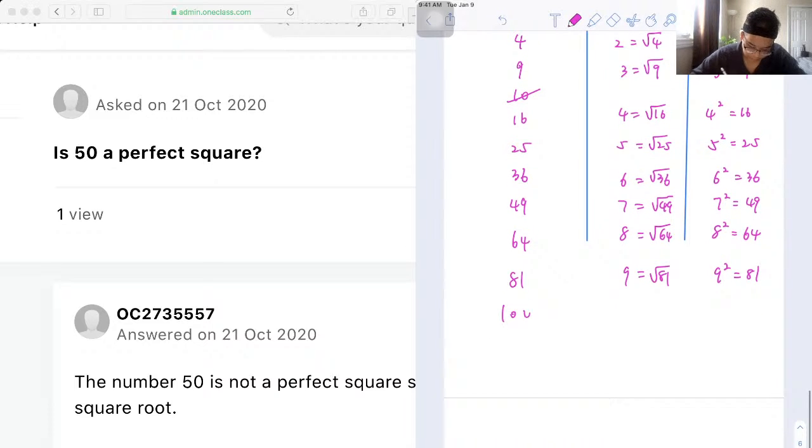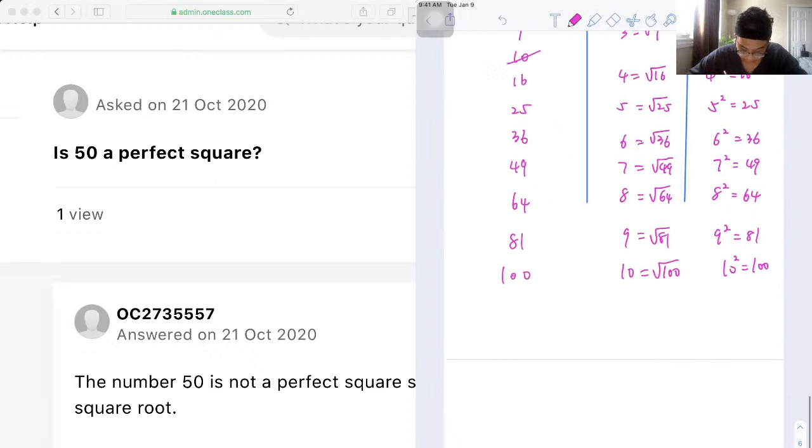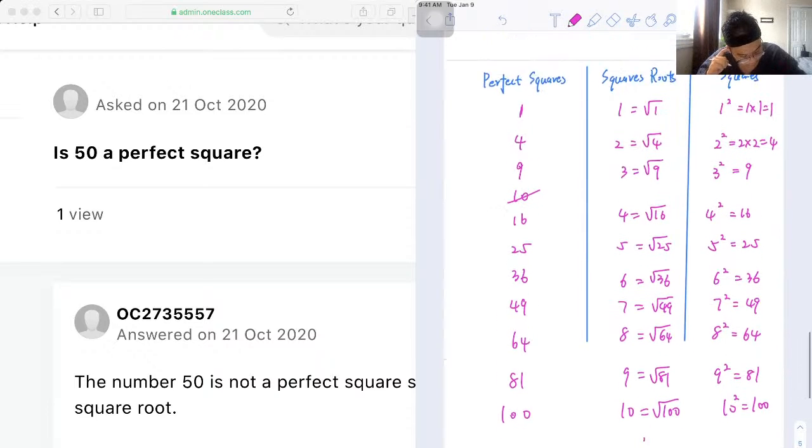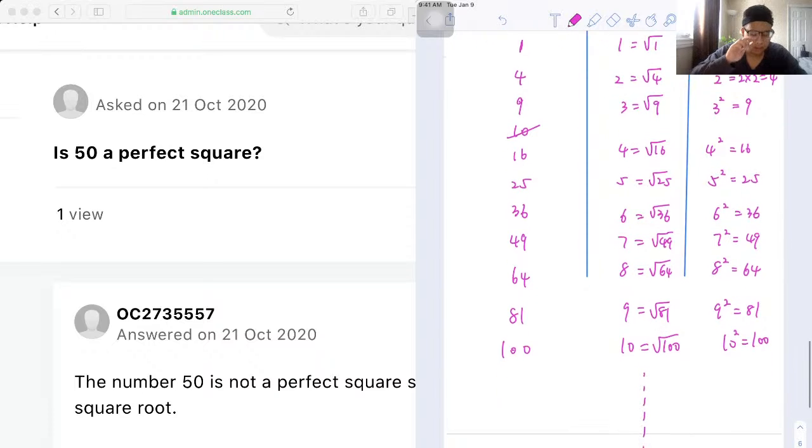And then we got 100, and the square root of 100 is equal to 10. So 10 to the exponent of 2 is equal to 100. We can keep writing this down, and it will go to infinity. There are infinitely many perfect squares.